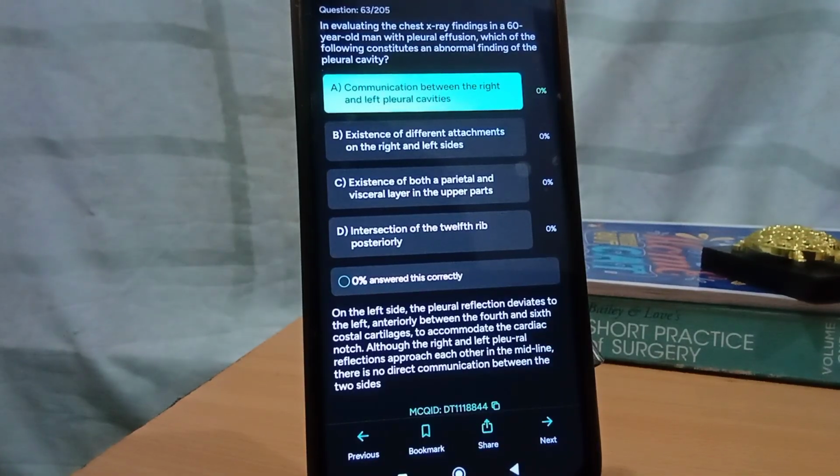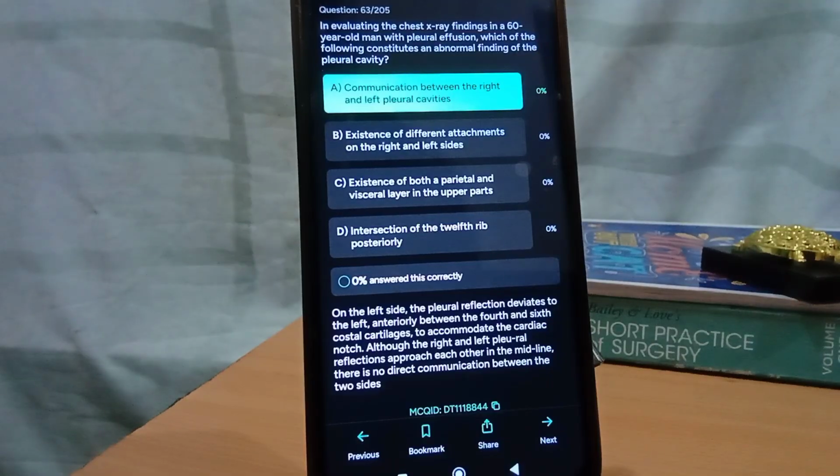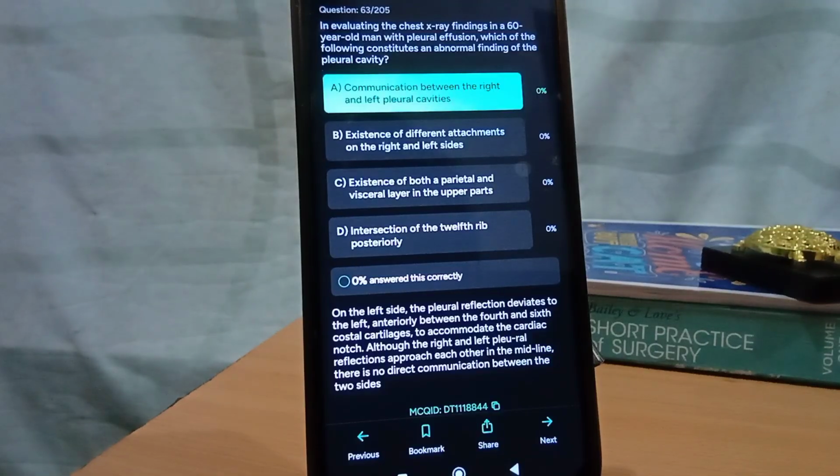On the left side, the pleural reflection deviates to the left anteriorly between the 4th and the 5th costal cartilage to accommodate the cardiac notch. Although the right and the left pleural reflections approach each other in the midline, there is no direct communication between the two sides.